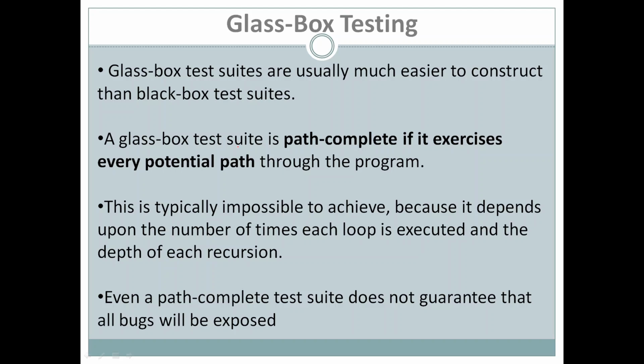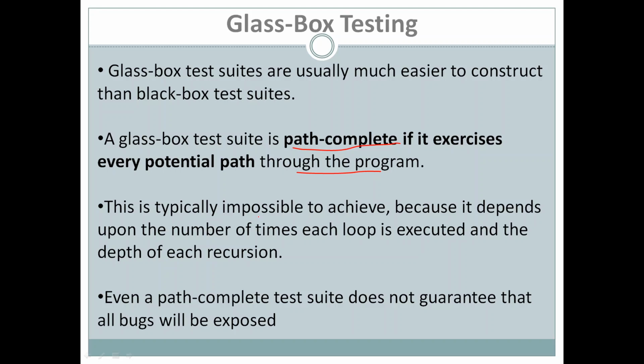A glassbox test suite is said to be path complete if it exercises every potential path through the program. If we have a glassbox test suite which explores every path in the code, then it is called a path complete test suite.